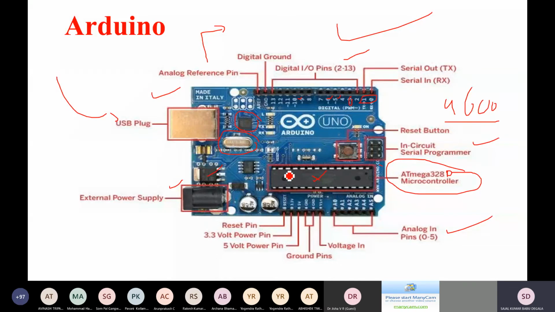Apart from that, your Arduino also has some power pins. Let us consider you have a sensor. Whatever sensor you take, I am saying it in a broad way, so I am taking a block here. This sensor is going to have 3 pins: one will be VCC, another will be ground, and the other will be called a signal pin.